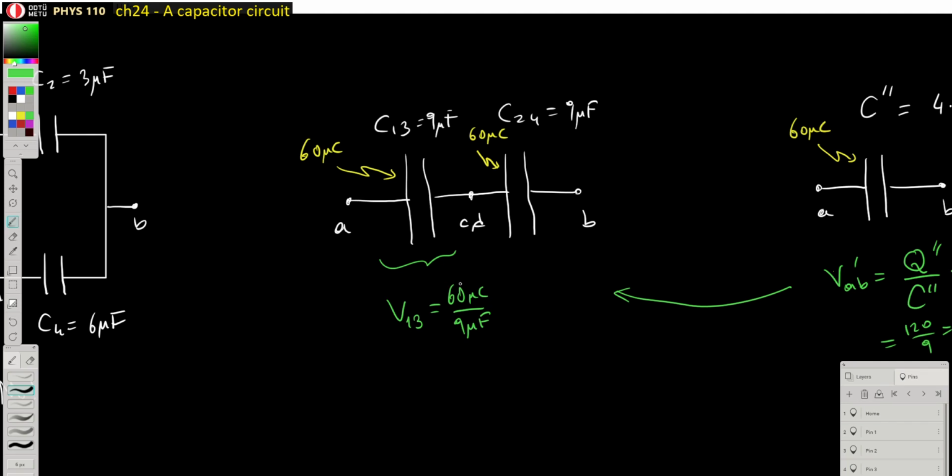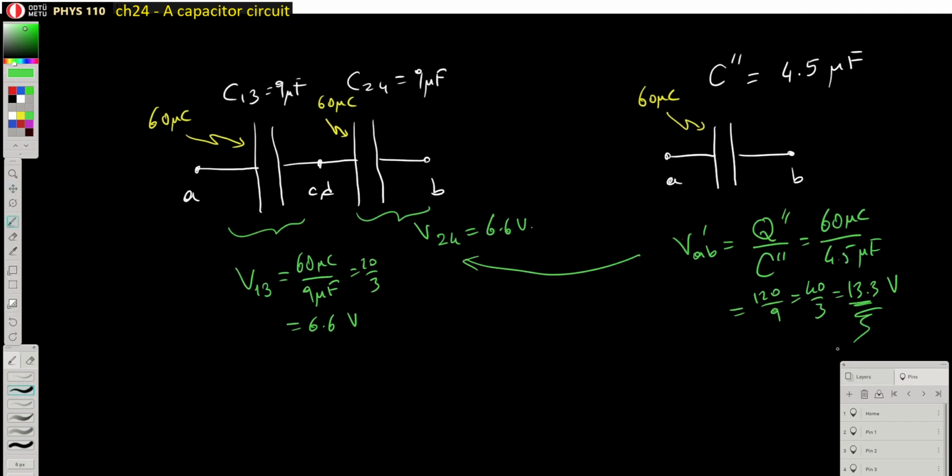I think I can do the calculation directly. So that's 20 divided by 3, so that's 6.6 volts. And similarly, the potential drop in here is equal to V24, that's equal to 6.6 again. And their sum is equal to 13.3.